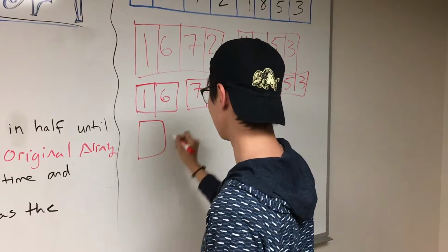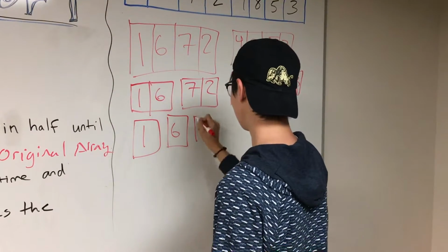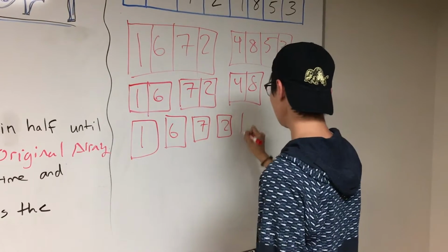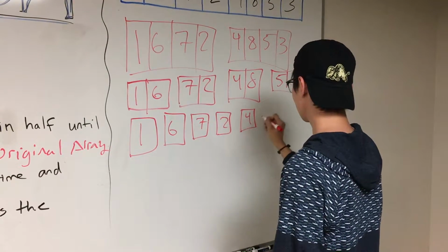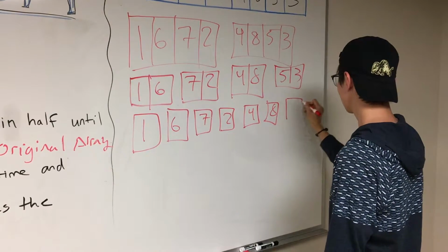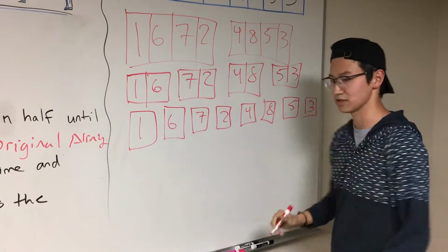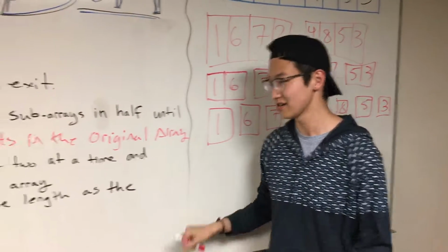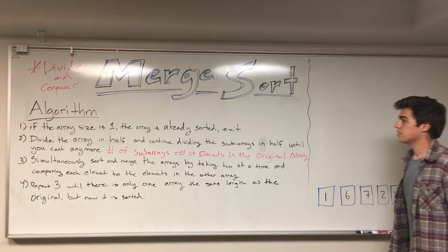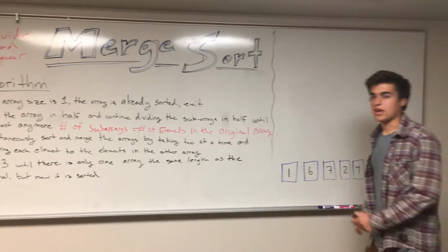And then you divide them again until you can't divide anymore. So this is the end of the dividing part of the algorithm. Parts 3 and 4 are the recurring part where it merges and sorts at the same time.